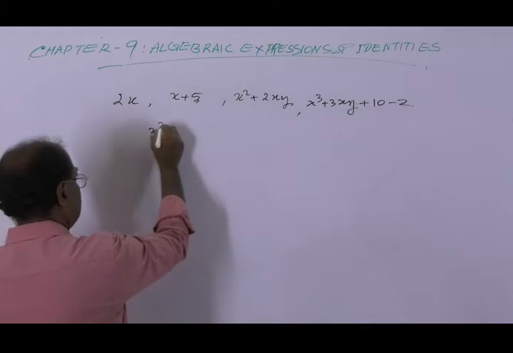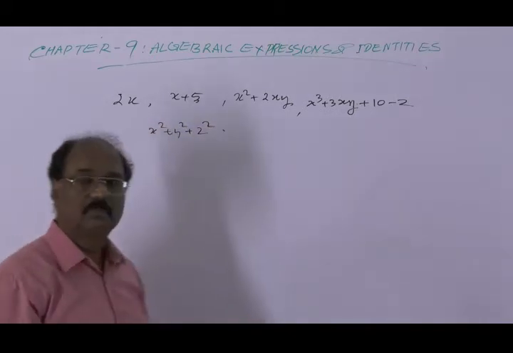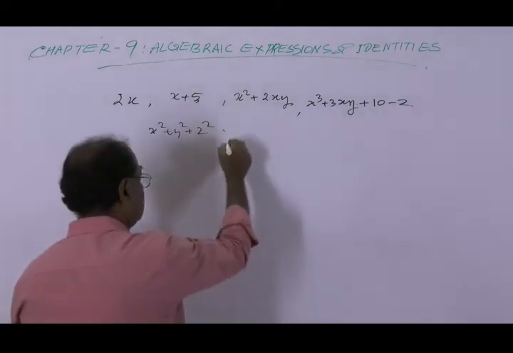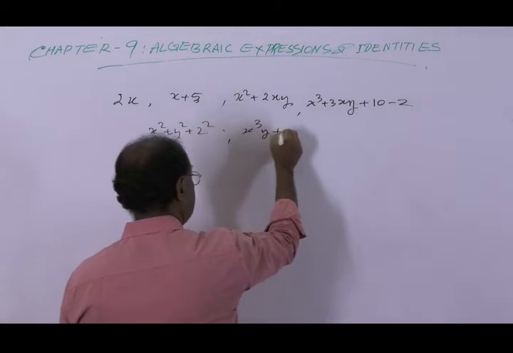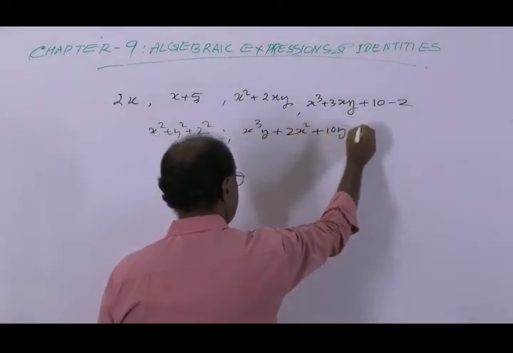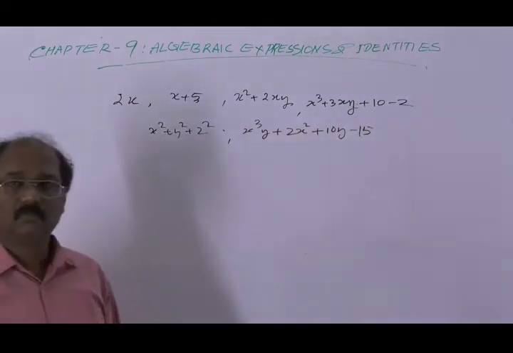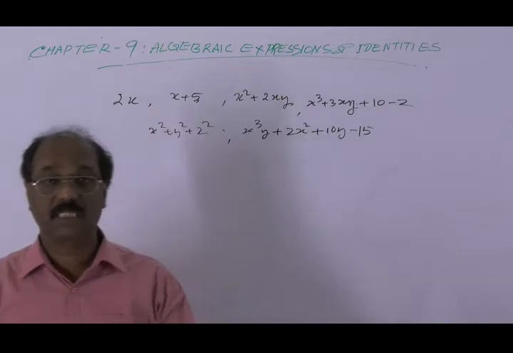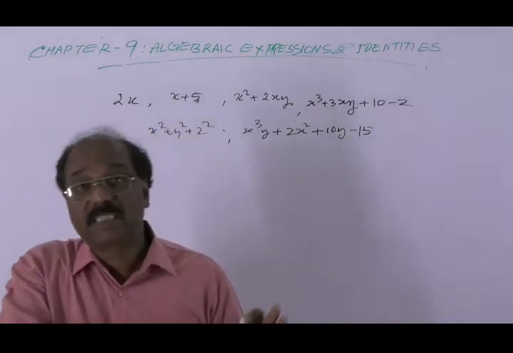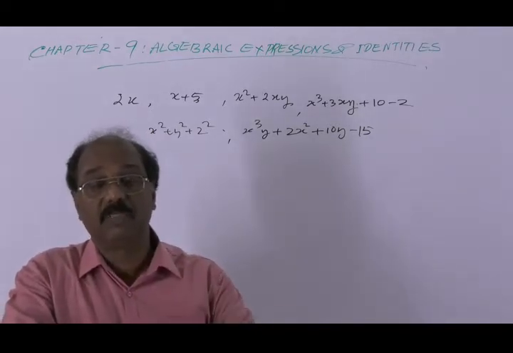Then x squared plus y squared plus z squared. Another expression. Then x squared y plus z x squared plus 10y minus 15. Another mathematical expression and so on. Such expressions are algebraic expressions, combinations of variables and constants.